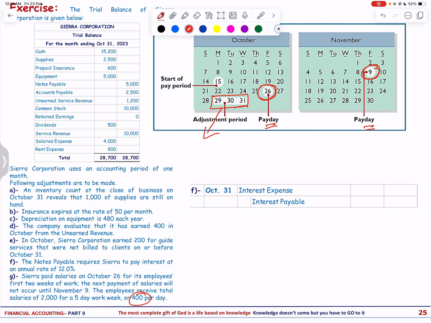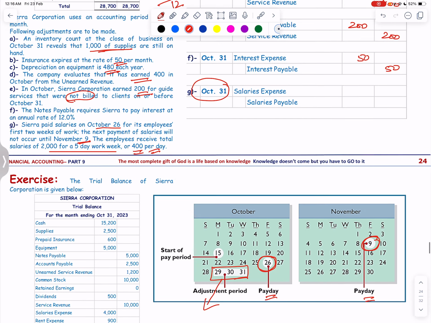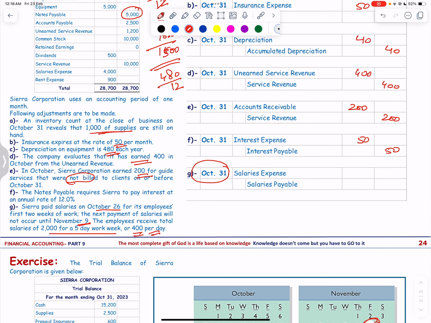So not interest expense but salaries expense is debit by 1200 and salaries payable is credit by 1200.